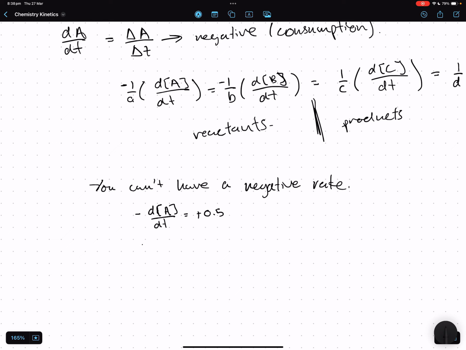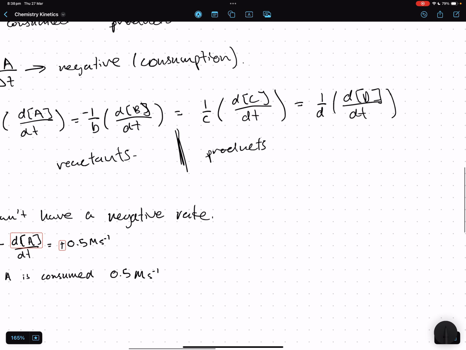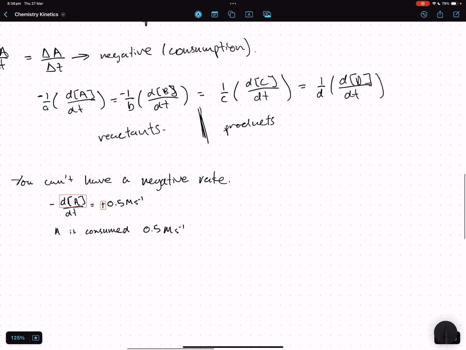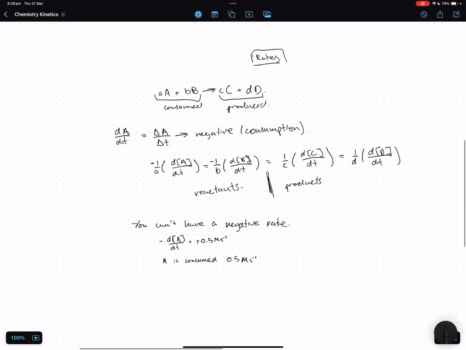So we say that A is consumed at 0.5 moles per second. And if there's a positive rate, of course it's positive. C is formed at 0.5 moles per second. This is just important to bear in mind when we're looking at rates.